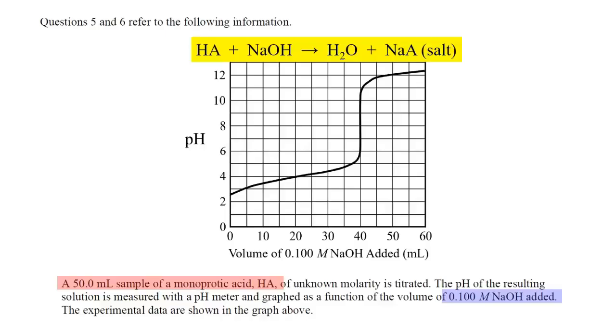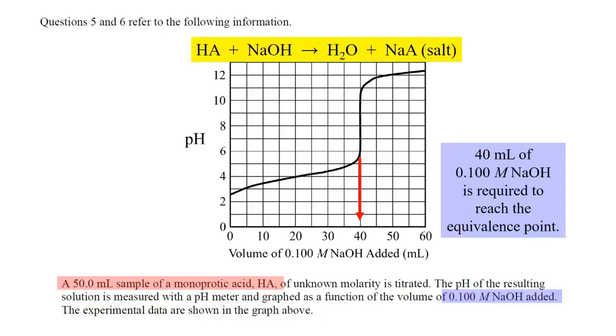So where is the volume of sodium hydroxide in this experiment? Well, you can read it on the x-axis by looking at that rapid change in pH at the equivalence point. So right there on the x-axis, it looks like it takes 40 milliliters of 0.100 molar sodium hydroxide to reach the equivalence point in this experiment.